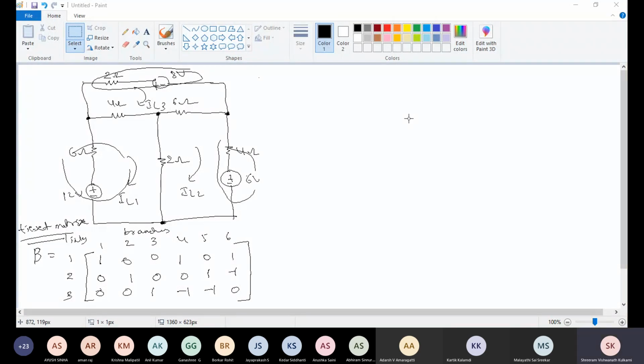The KVL equation in matrix form is given by B ZB B transpose IL equals B Vs minus B ZB IS.